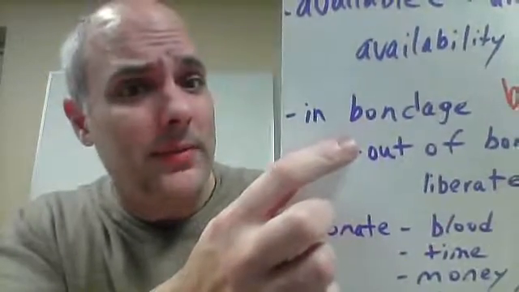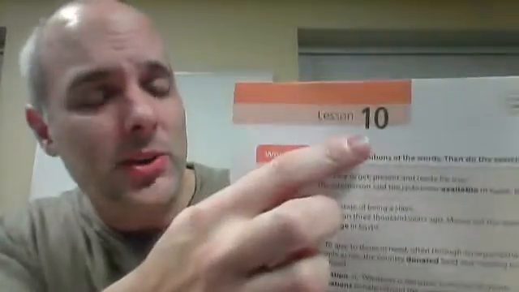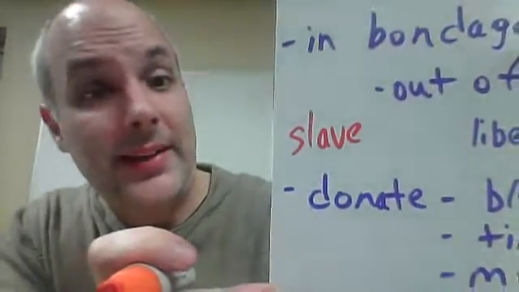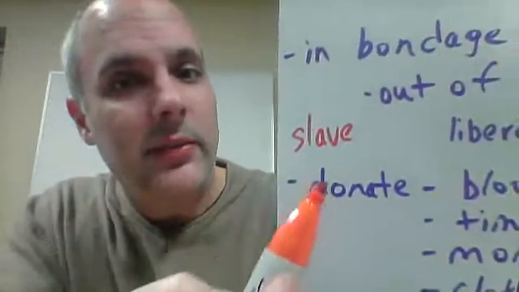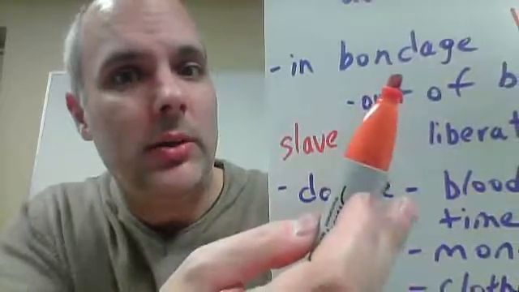But also slaves, okay? Chapter 10 here talks about slaves. So when we say the slaves, they can't run away and they can't choose their jobs. So we'll say the slaves are in bondage. Okay, so you need to know this word, slave. If there's one, we'll say the slave is in bondage.